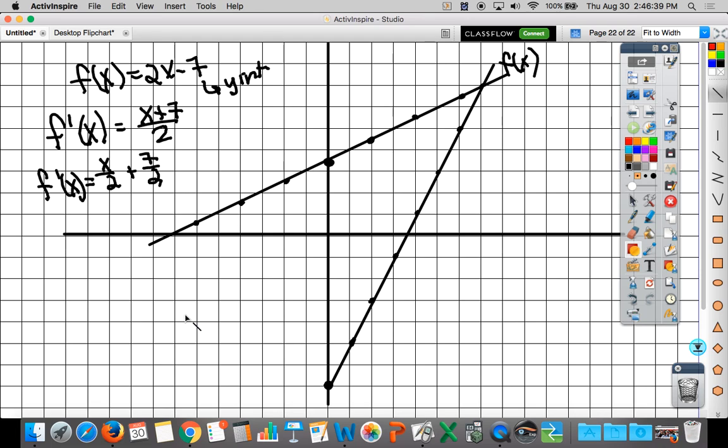Okay, so questions about how we graph it on the same graph? You're just graphing both lines. All right, we're okay on that? That refresh your memory? Feel a little bit better about it? Okay.